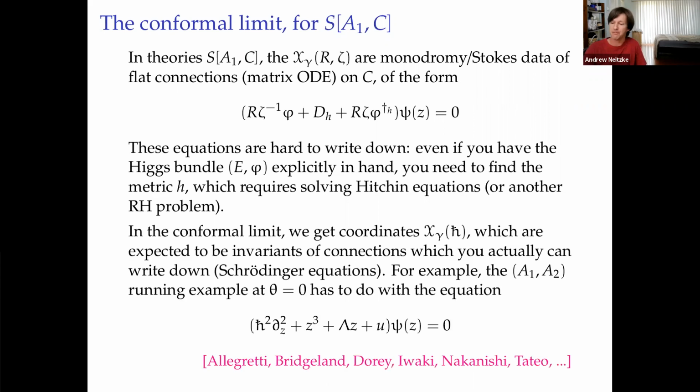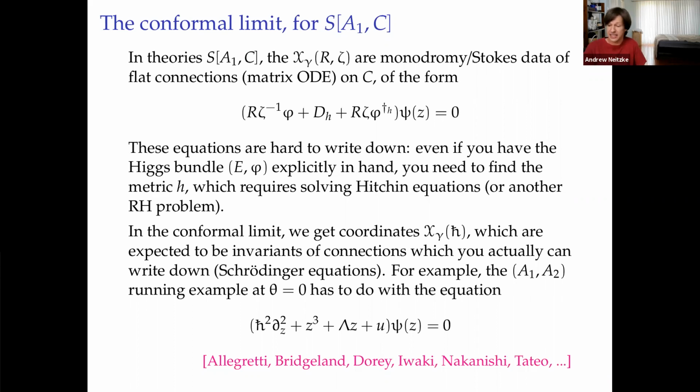In the conformal limit, the story becomes simpler. So then we get functions of a parameter h bar, and at least one way of getting solutions of the conformal limit problem is to write down invariants of equations which you actually can write down.